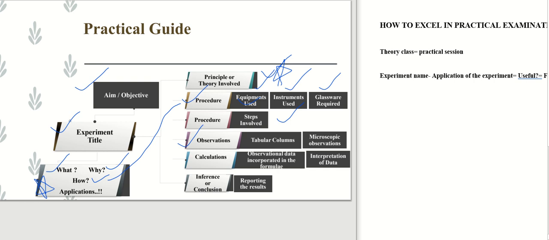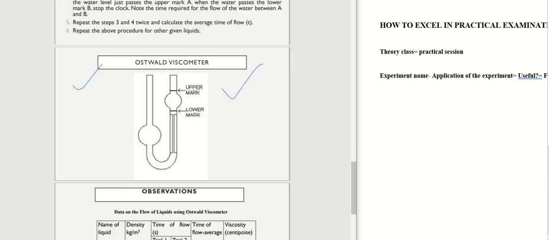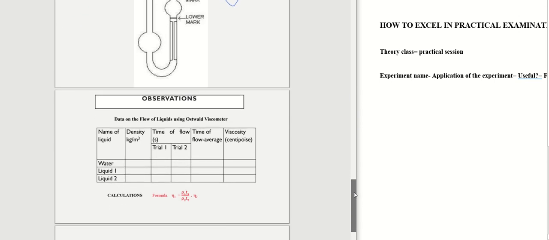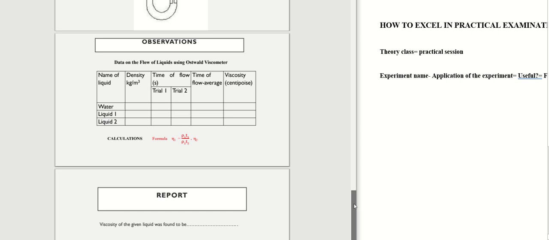For example, here we are discussing the determination of viscosity, and our observations include a tabular column. Make sure what parameters are to be noted. As we discussed in the theory, we need to know the relevant formula to be used with the experiment.